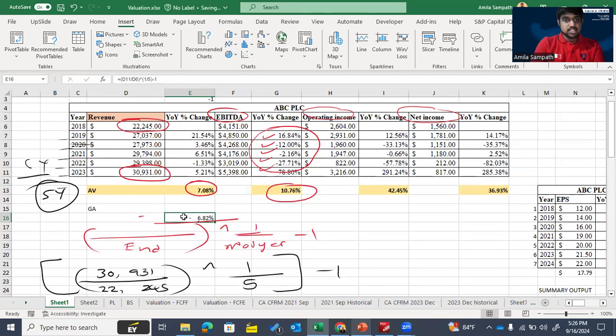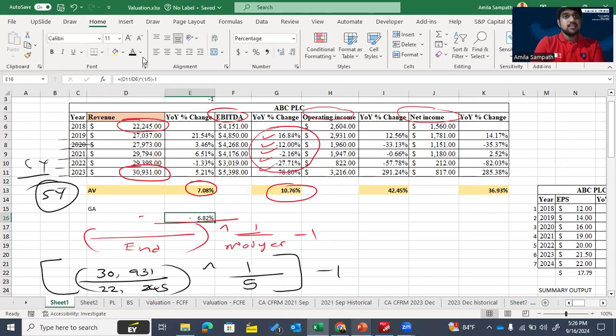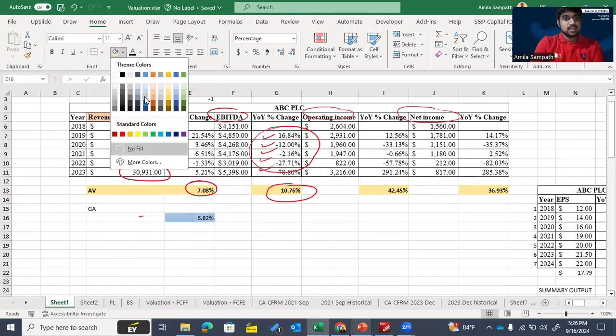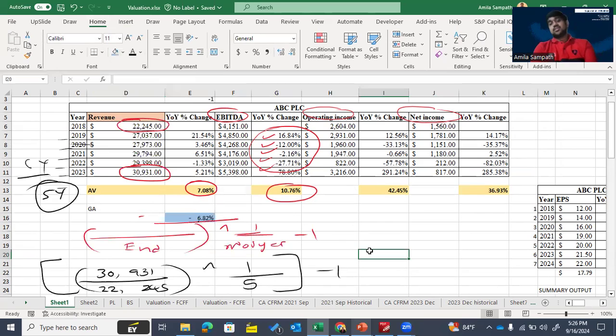Then we can say our geometric average growth is 6.82. Like this, we can calculate the geometric average for revenue. The amounts we get from the arithmetic average and the geometric average are completely different, because these are two completely different methods. From the arithmetic average, we get 7.08; from the geometric average, we get 6.82.